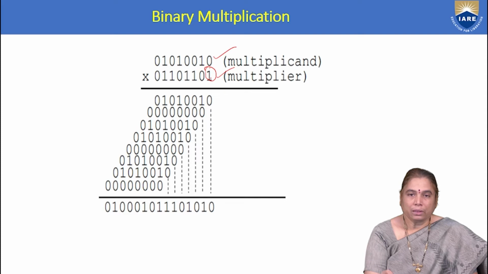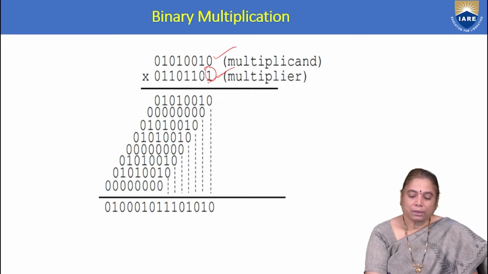In the binary system there are only two digits, either 0 or 1. In case of 1, the multiplicand can be copied into the partial product. In case of 0, that many zeros as the number of bits in the multiplicand can be copied into the partial product. So here this bit is 1, so the multiplicand can be copied here in the partial product.